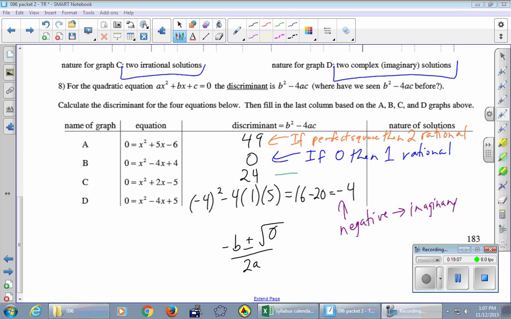And then our last conclusion, that number 24 is a positive number, but not a perfect square.